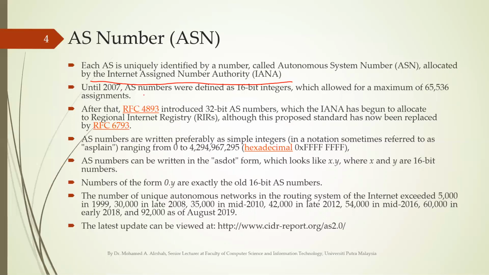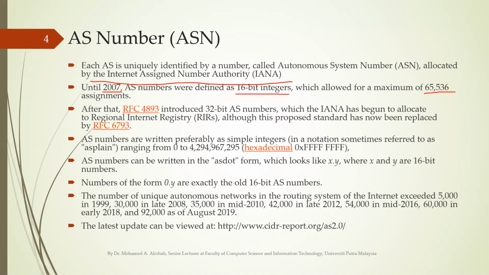Until 2007, AS numbers were defined as 16-bit integers, 16-bit integers only, which allowed for a maximum of 65,536 autonomous systems or assignments.